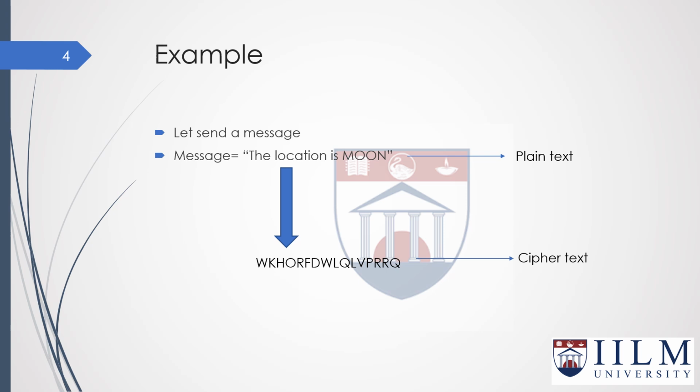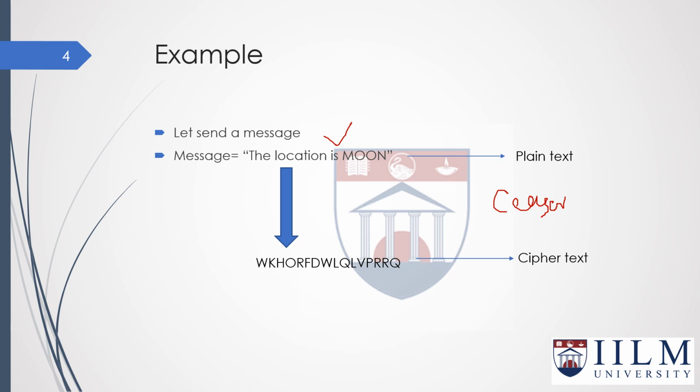This message needs to be sent to the receiver end, but not in this form, rather in an encrypted form. This encryption can be done with a particular technique known as substitution cipher, but here it is called the Caesar cipher.